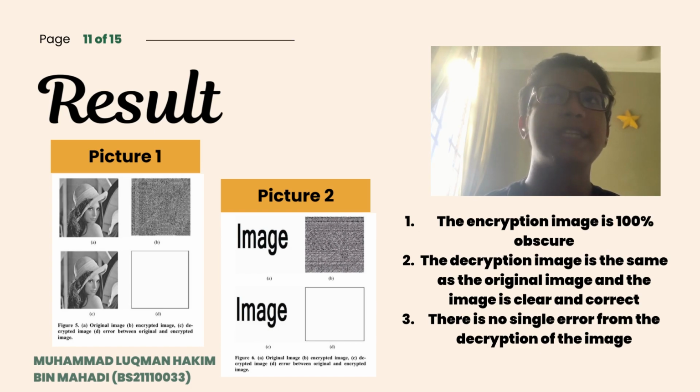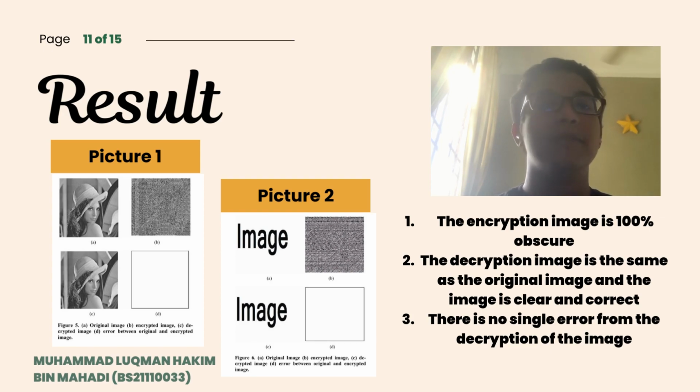And when we decrypt the encrypted image, it gives us the same original image, and you can see that it has no single error from the decryption of the image. The decrypted image is also the same as the original image, and the image is clear and correct, and not blurry when we decrypt it.